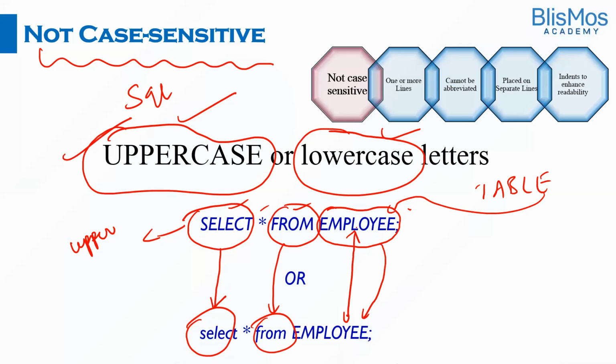You cannot write this capital EMPLOYEE table as a small employee table and expect it to work. It won't work, because while creating the table, you created it with capital letters. Just to summarize, SQL statements can be either in uppercase or lowercase and are not case sensitive, but database object names are case sensitive.